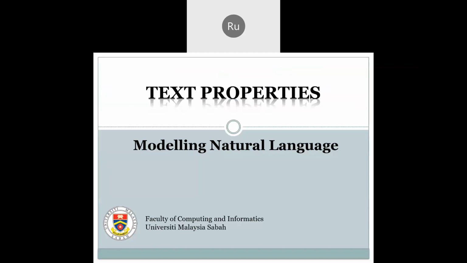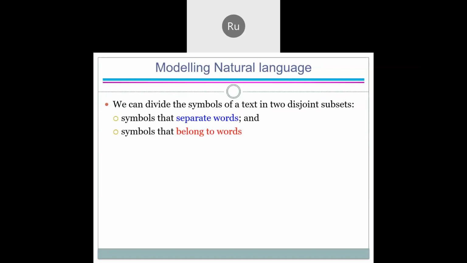Now we go into modeling natural language. Natural language refers to the normal language that we speak, so I call it natural language. For the Latin script, we use symbols that separate the words, and we also use symbols that belong to words.